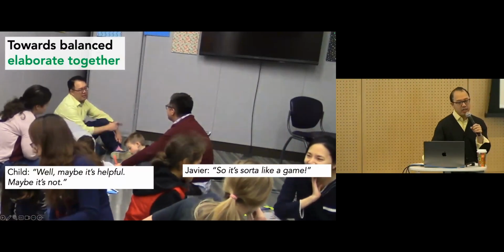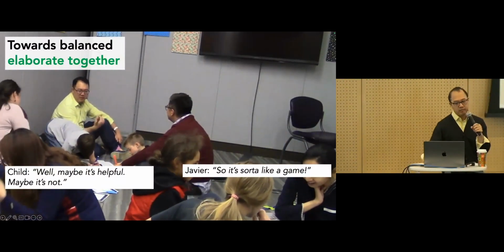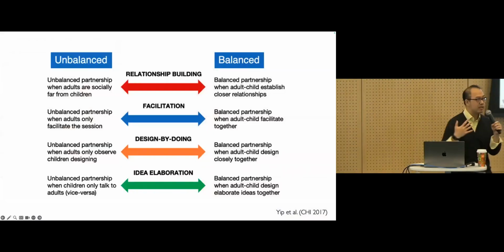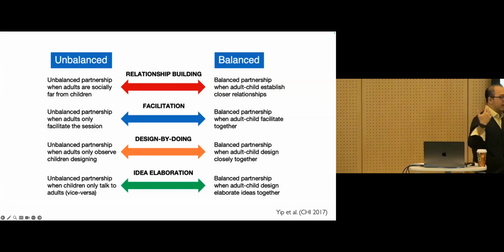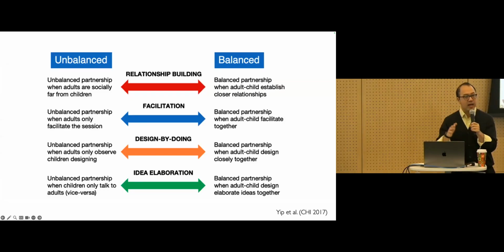So this question of balanced and unbalanced, what we're trying to say here is that with co-design, when we talk about equal and equitable partnership, it's not about it having to be equal all the time, or equitable all the time. Just like anything, there are ebbs and flows, and you just have to be aware of when this happens. When is it balanced, when is it unbalanced?